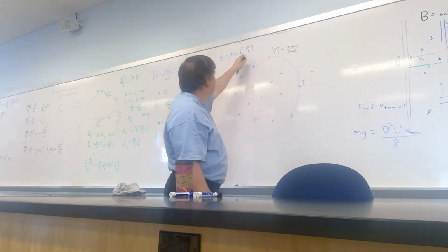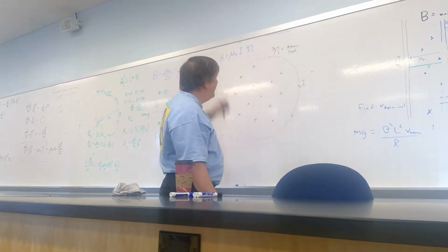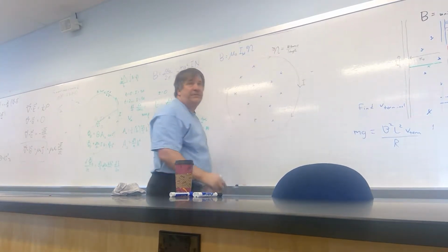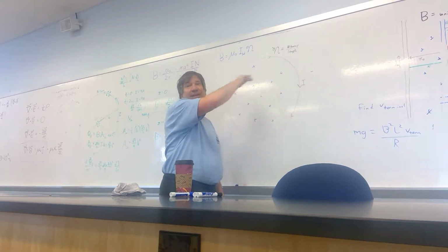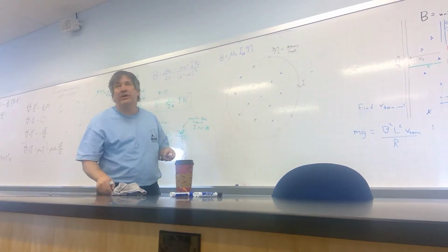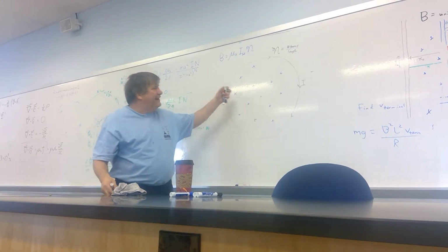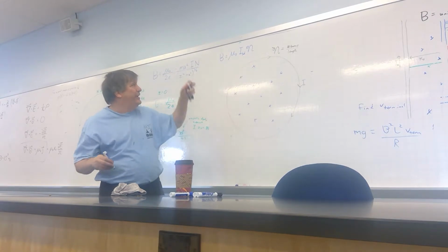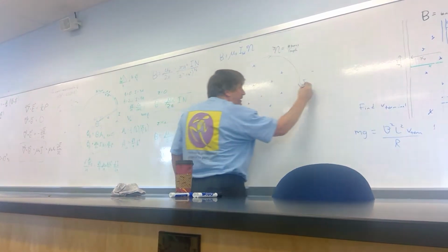So number of turns per unit length, current, mu naught, and that's about it. I'm going to go ahead and give this current a name, I solenoid, just because, hey, maybe in a moment I'll be asking you to find the current through the loops of the solenoid or something like that. So there is my uniform B field that I've set up by running that current through the solenoid.